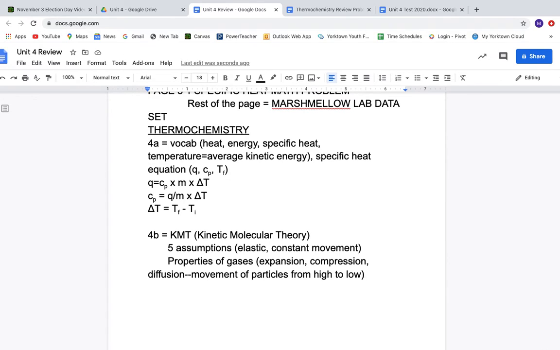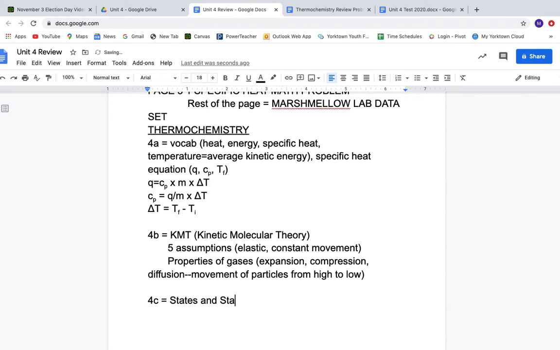Due to their quick movements, they will spread out within a room, within a container, on Earth, the law of diffusion. So, before I go to 4C, there will be a handful of kinetic molecular theory questions within the multiple choice, and at least 1 short answer, maybe 2, will involve the KMT.